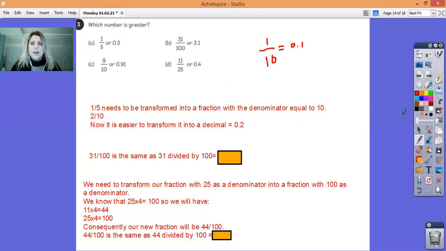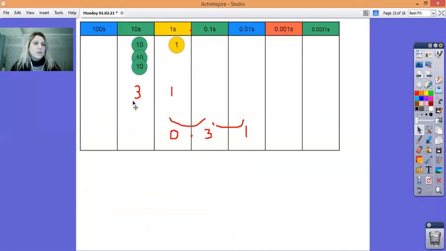That's quite easy now. Now, the 31 over 100. 31 over 100 is the same as 31 divided by 100, so we're going to do the usual place value grid. 31, 2 jumps because it's 100, so we will have 0.31 there.